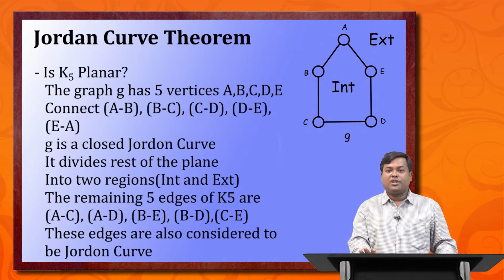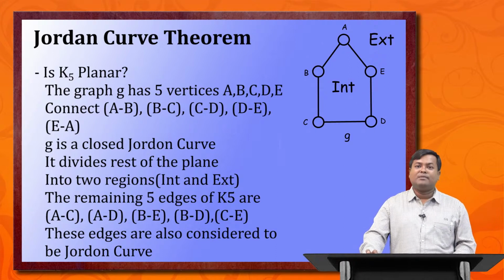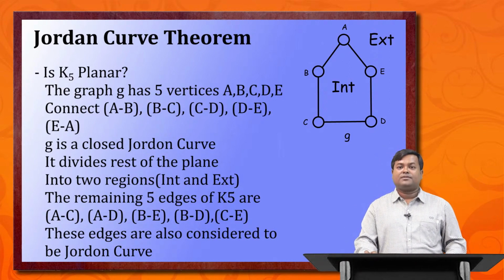So this is a closed Jordan curve and it divides the entire plane into 3 parts: interior, exterior and the curve itself. Let's see what the remaining edges for K5 are. I have marked all the remaining edges with a dotted line.